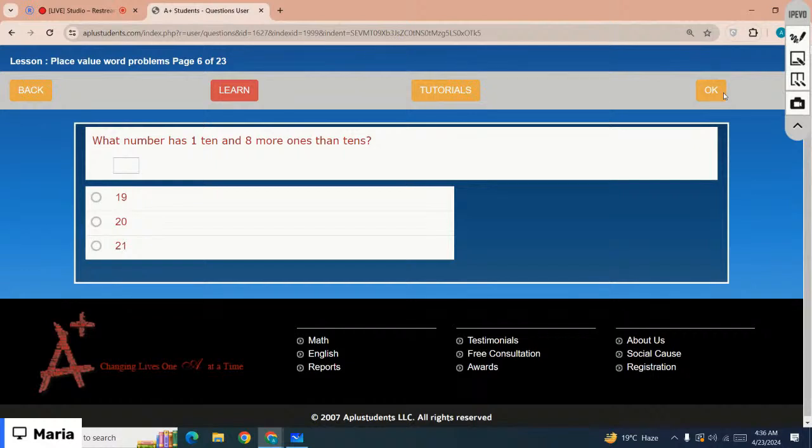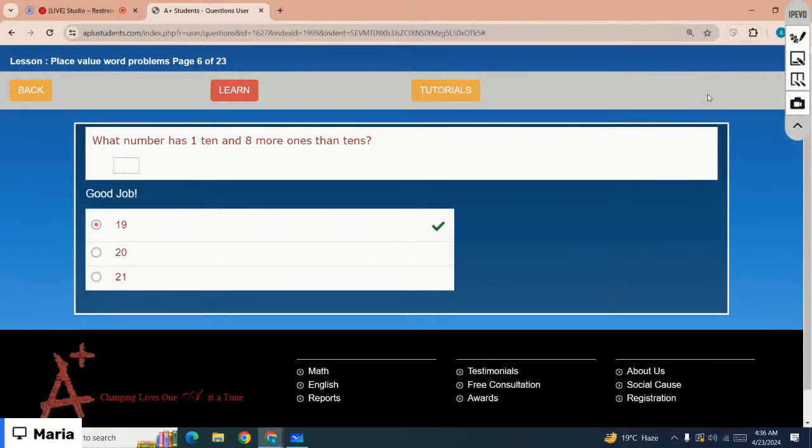One ten and 8 more ones than tens. So that is 19. Option number 1 is the correct option.